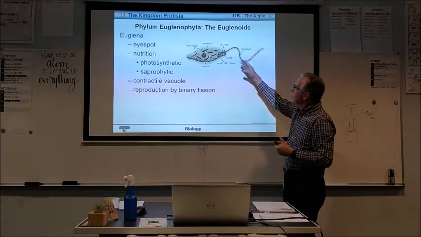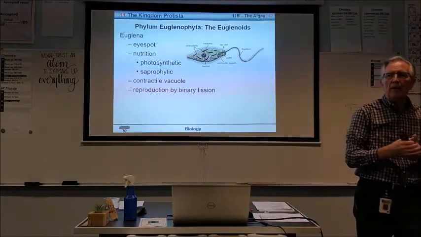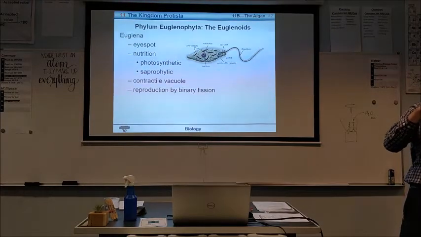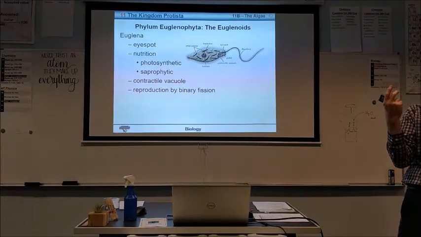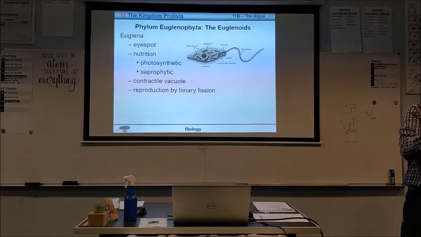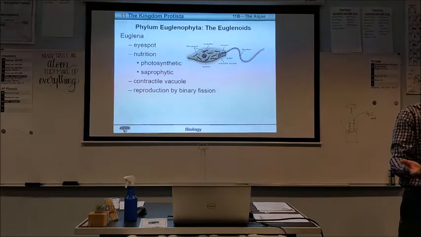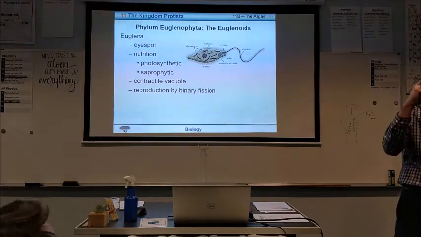As far as reproduction is concerned, they will then double or duplicate their genetic material and just pinch in half and form two new cells. They don't go through the normal process of prophase, metaphase, anaphase, telophase, and then back into interphase. They just pinch off in the middle.